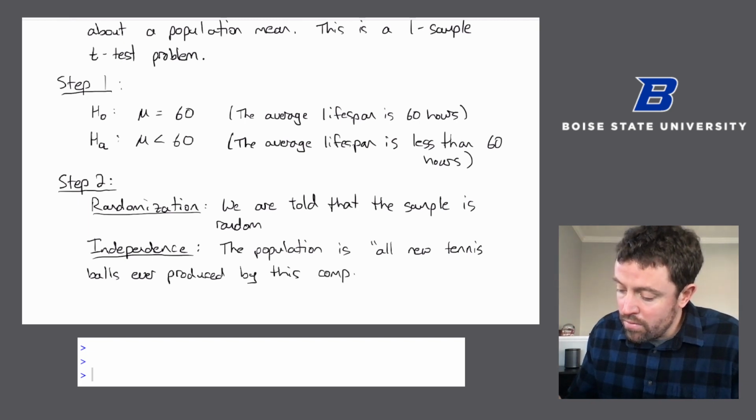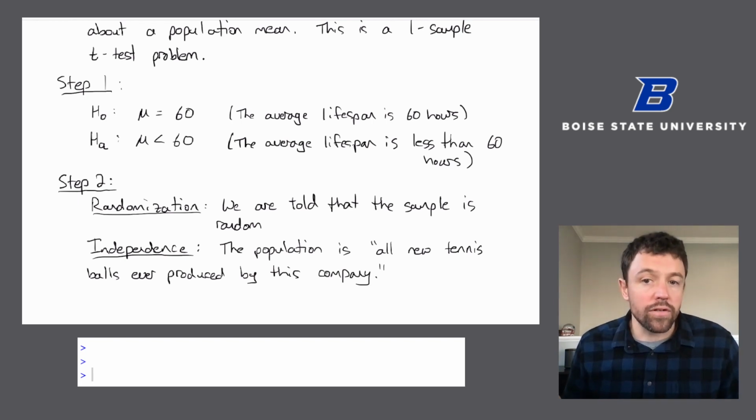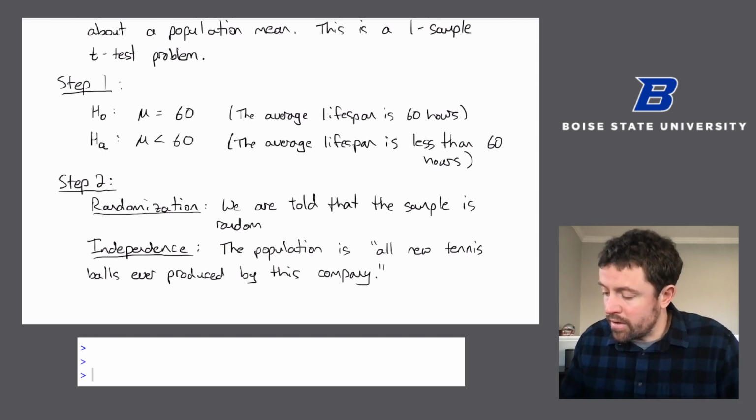Now, I don't know how big that population is, but it's reasonable to assume that that population is more than 200, right? I mean, who's producing a tennis ball and producing less than 200?